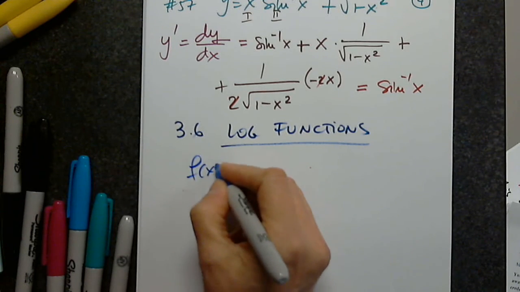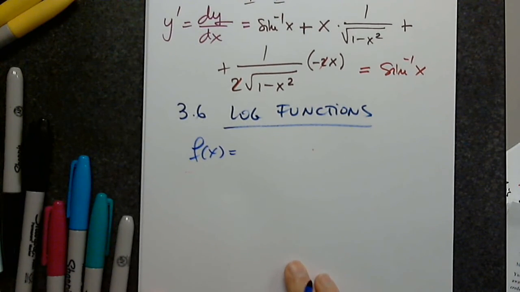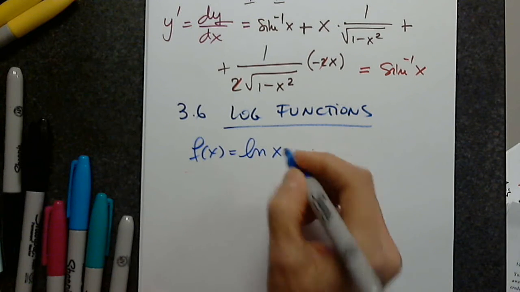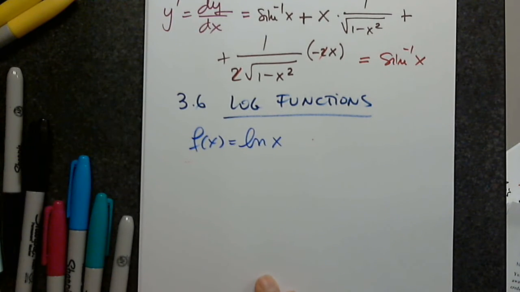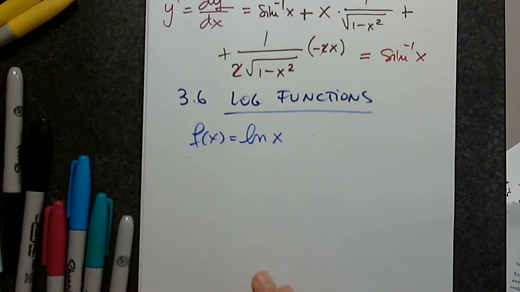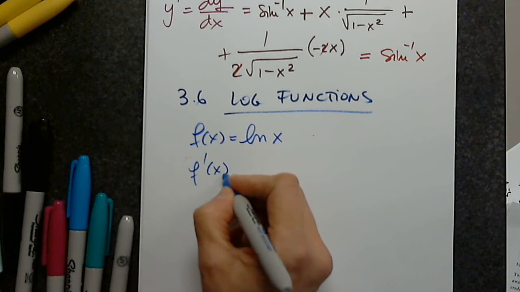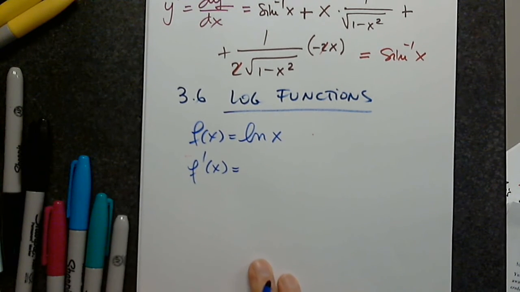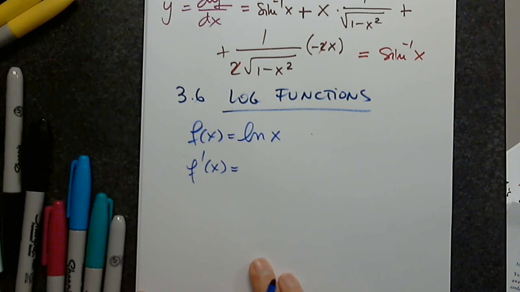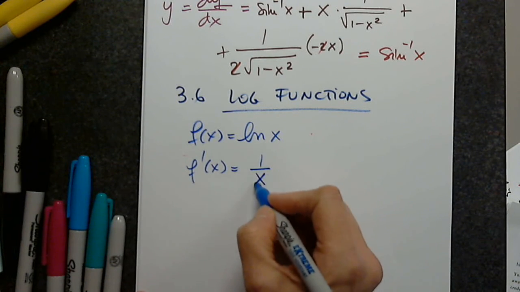Here's our function f of x equals natural log x. The derivative of this function is 1 over x.